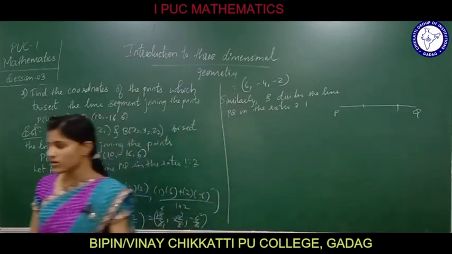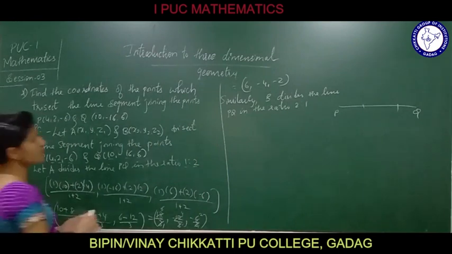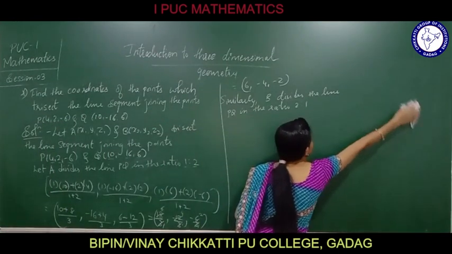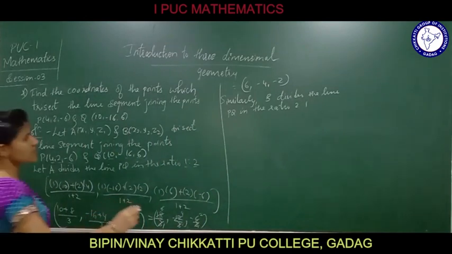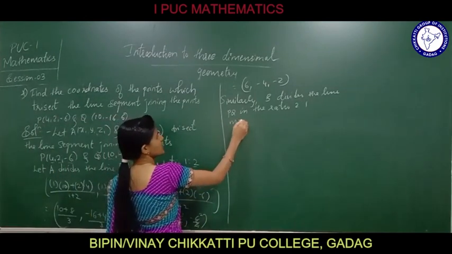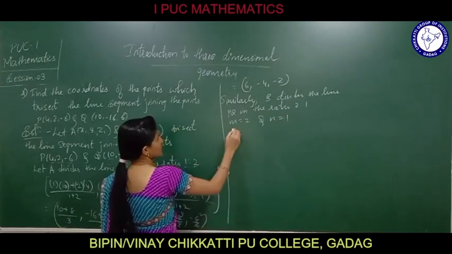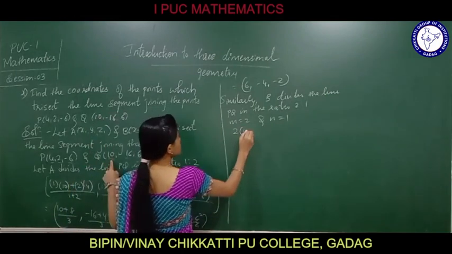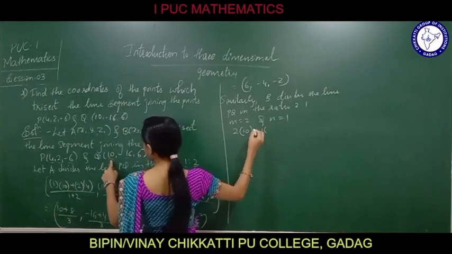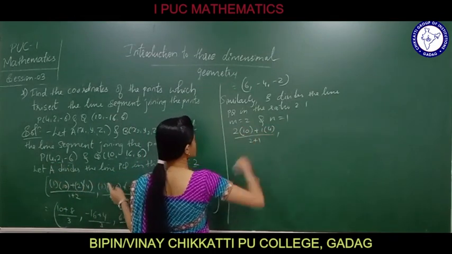Now let us solve using the same section formula again. Here the only difference is that m is equal to 2 and n is equal to 1. That is 2 into x2, 2 into 10 plus 1 into x1 is 4, divided by 2 plus 1.